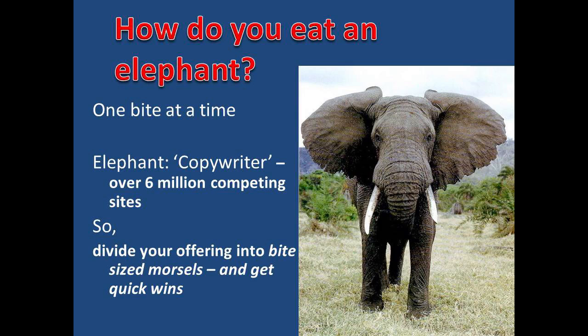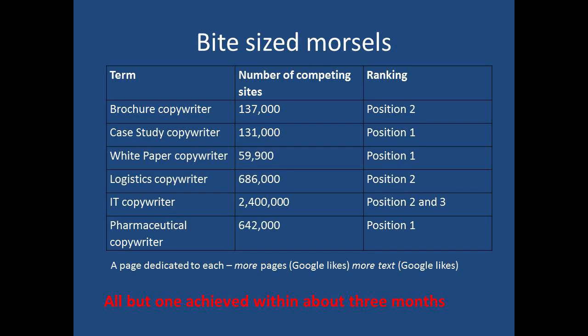And that's exactly what I did when I was setting up in business. What I did was to choose 5 quick wins and 1 longer-term investment search term. And the result was brochure copywriter, case study copywriter, white paper copywriter, logistics, pharmaceutical copywriter are all positioned 1 or 2 worldwide, and they were all achieved within about 3 months.